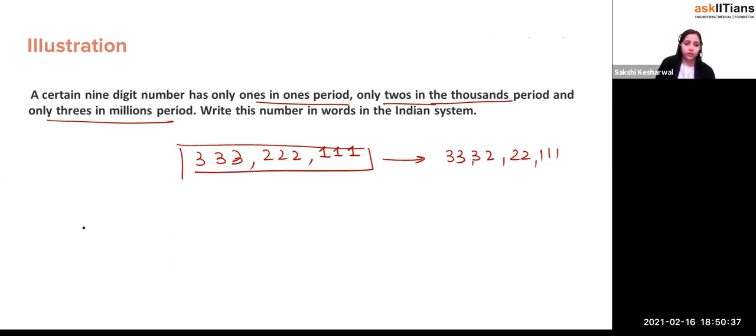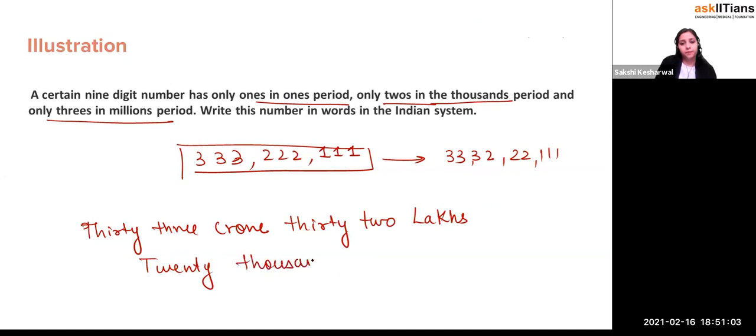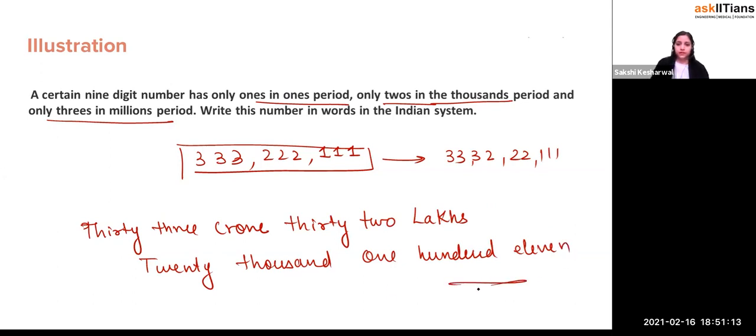So we can say this as what, beta? 33 crores, 32 lakhs, 22,000, 111, right? That's it. Okay.